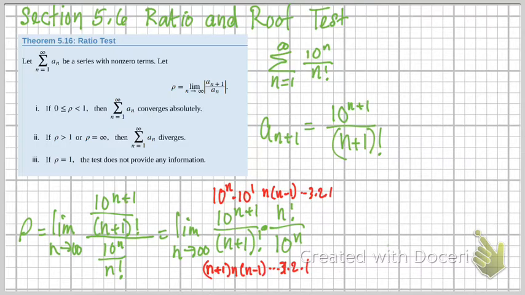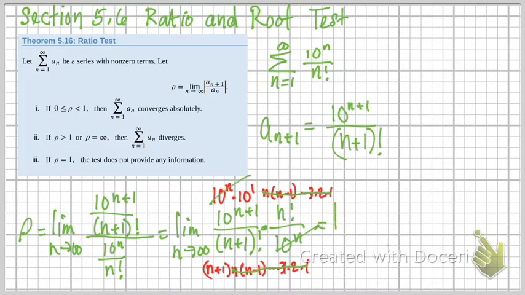The reason I break this down this way is because I really want you to see how this cancels. All of this right here will cancel with all of this up here, because I'm multiplying, so I get simple canceling top to bottom. And this 10 to the n will cancel with that 10 to the n.